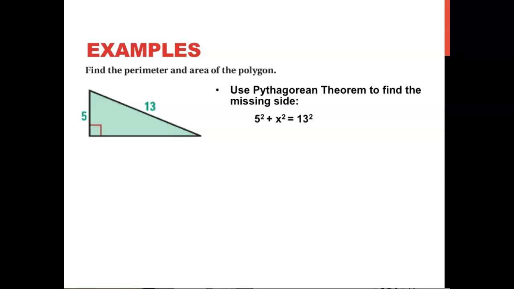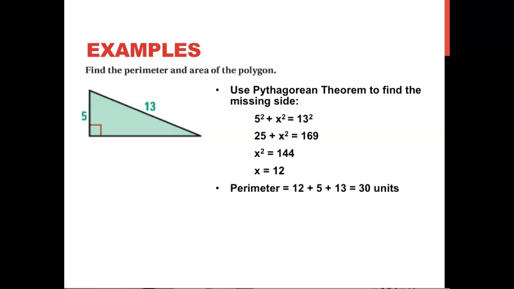If you remember your Pythagorean triples, you can easily get x from here, but if you don't remember, you can go ahead and simplify this and get that x is equal to 12. Now to find the perimeter, we would have to add all the sides. That would be 12 plus 5 plus 13, which is equal to 30.